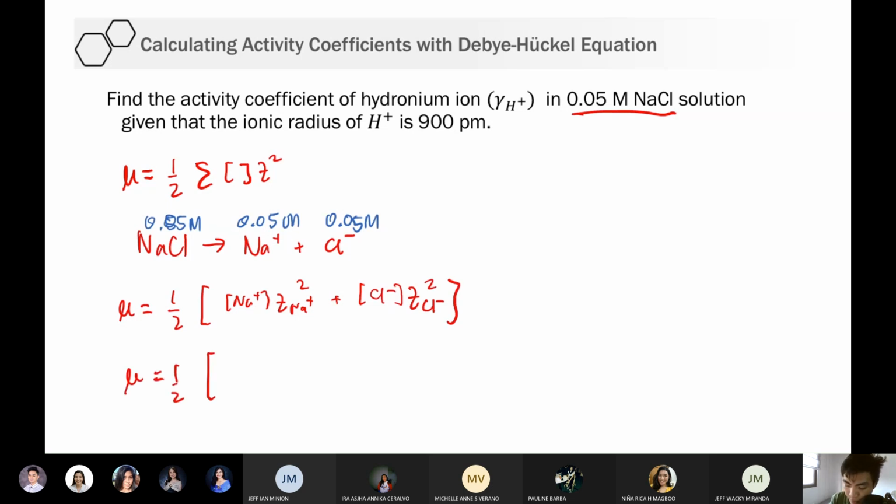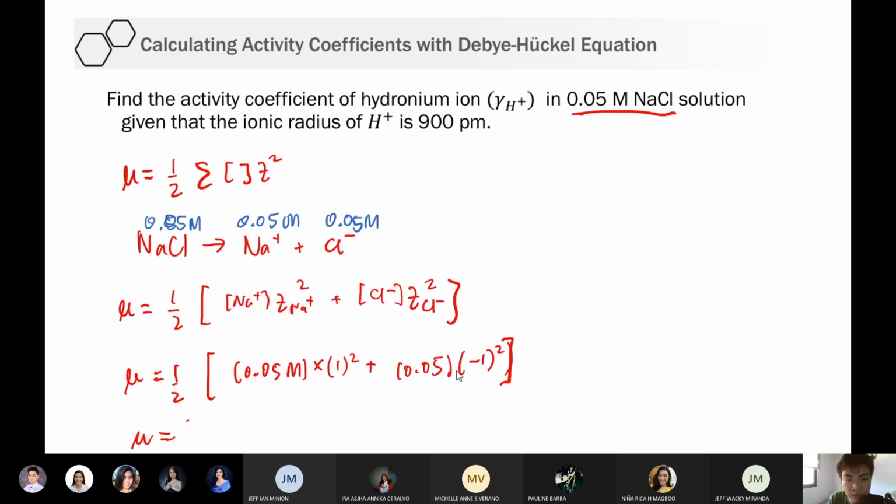So that is 0.05 molar times, what is 1 squared? That is also 1. Then we have the chloride ion concentration, still the same, multiplied by -1 squared, so that's just 1.